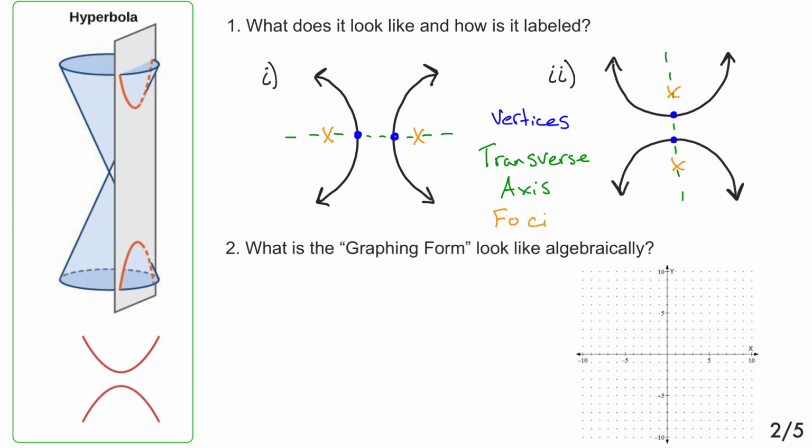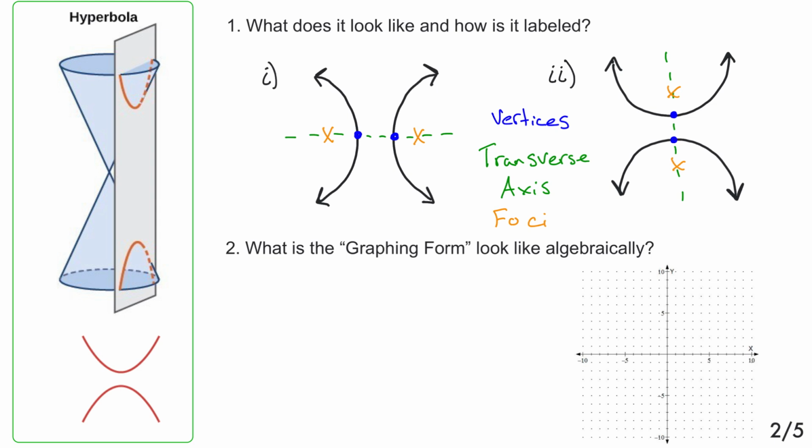Now that we've determined graphically, at least a little bit, what the hyperbolas look like, let's actually start talking about what the graphing form looks like algebraically. The graphing form is actually going to be two different equations.